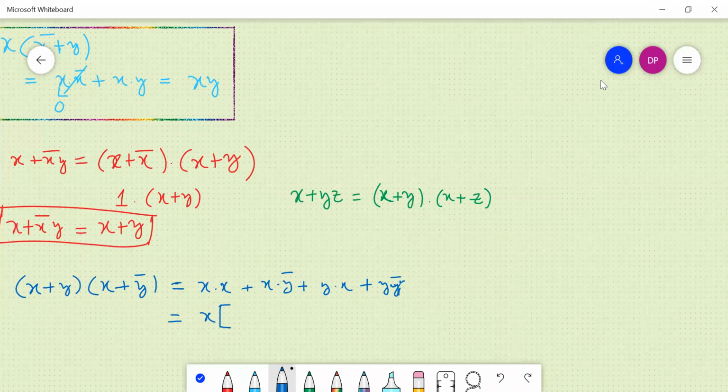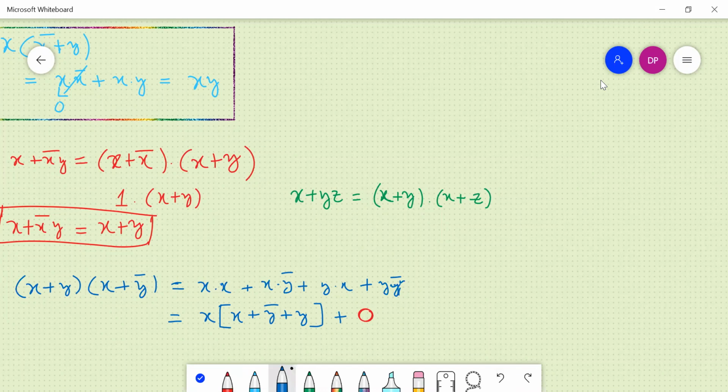Y OR with y bar is how much? 1, sir. So 1 plus x is how much? 1 plus x is 1, right?